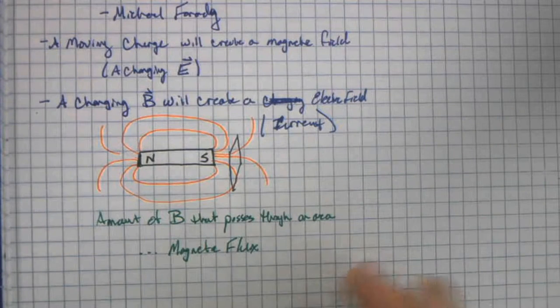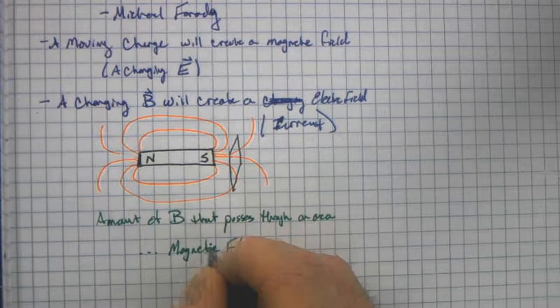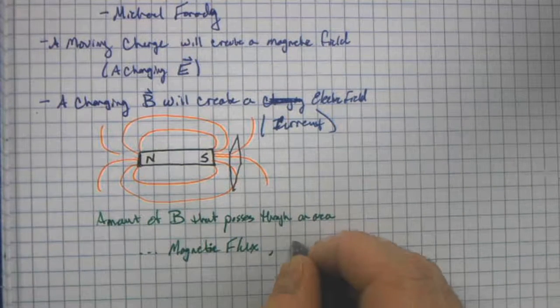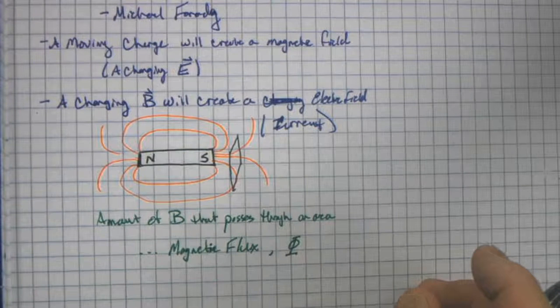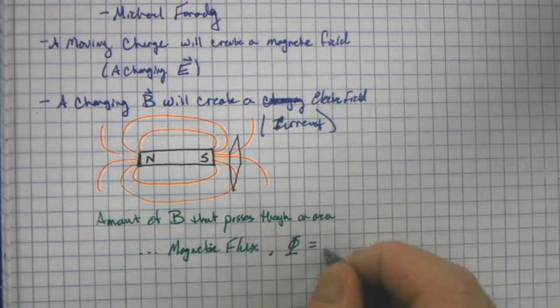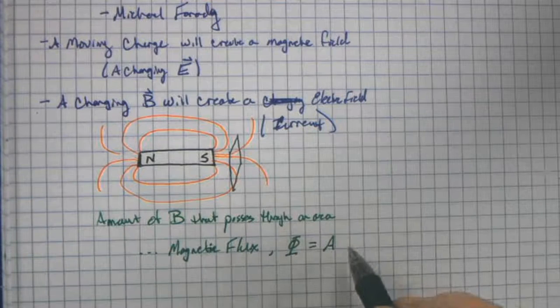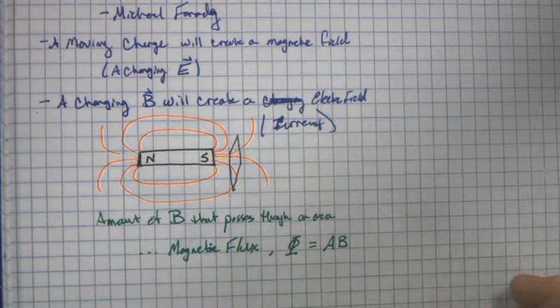Magnetic flux. Magnetic flux is given by the symbol phi. It's an I with a circle, or a circle with an I, however you want to write it. And this is given by the area that you're talking about, times the magnetic field that is inside that area.